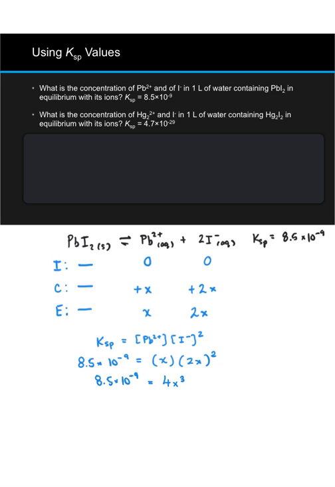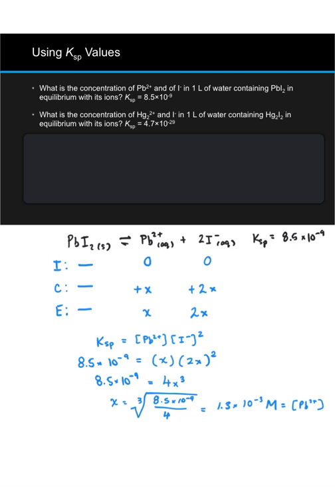We're going to solve for x here. x is equal to the cube root of 8.5 times 10 to the minus 9 divided by 4, or, for this problem, 1.3 times 10 to the minus 3. x, according to our ice table, is the solution to the concentration of Pb at equilibrium.